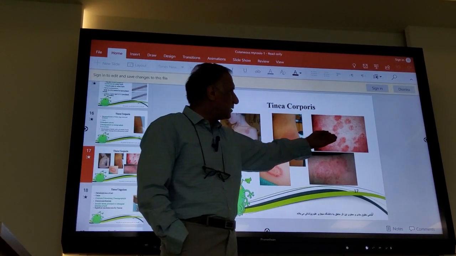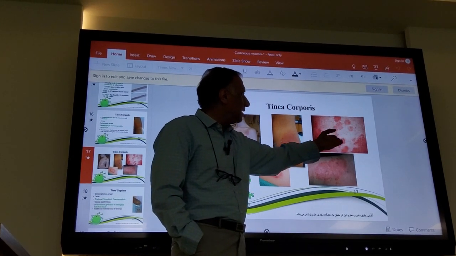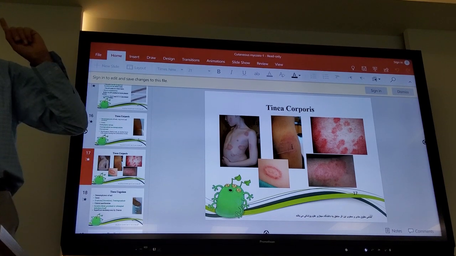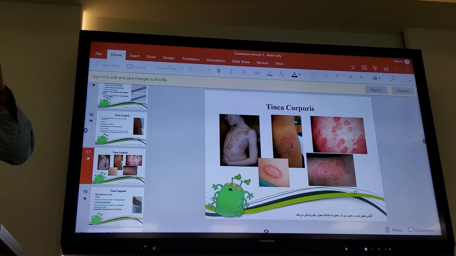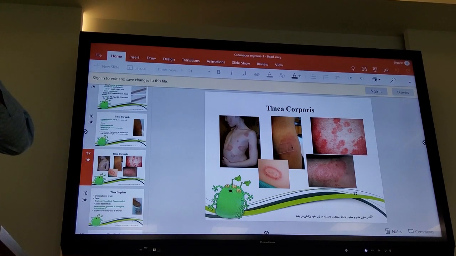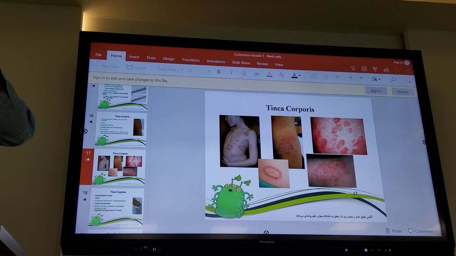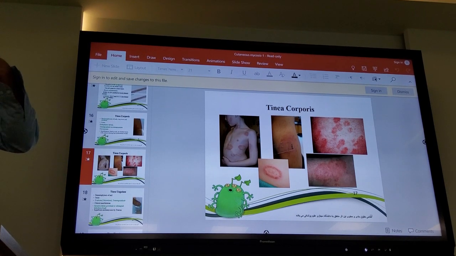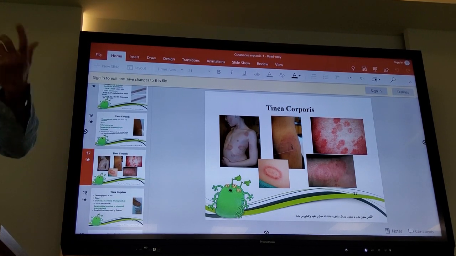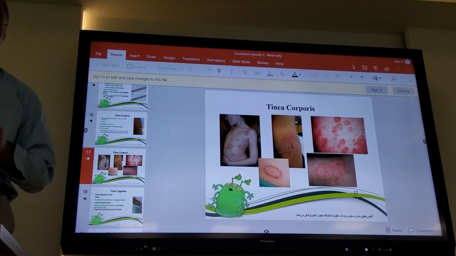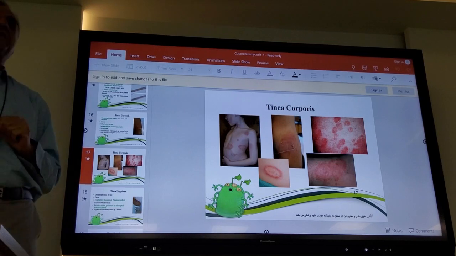In this picture, you can see multiple lesions of dermatophyte. For diagnosis of tinea corporis, you must pay attention to a ring form of lesion. Yes, redness, scaling, and alopecia may be added to this lesion, but the ring form of lesion is very important.